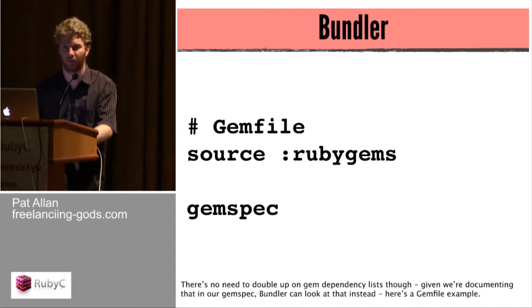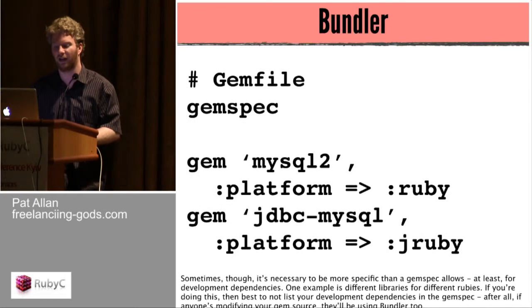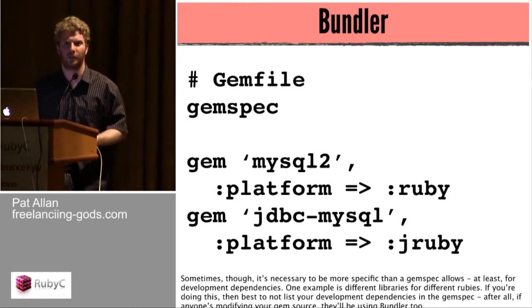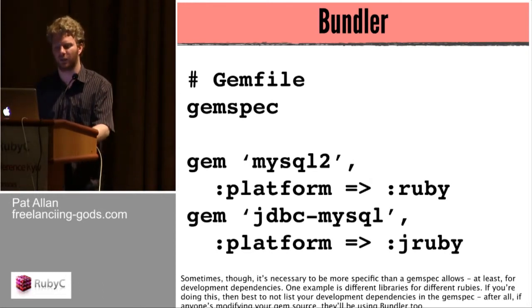And Bundler is a great way of managing this. And generally it's only a development dependency issue, not a runtime dependency issue. So you can remove perhaps the MySQL2 gem from your development dependencies in your gemspec, and then list different libraries depending on the platform in your Gemfile. I've done this once or twice, and I'm sure there's other situations where, particularly with JRuby, you want to use something slightly different.